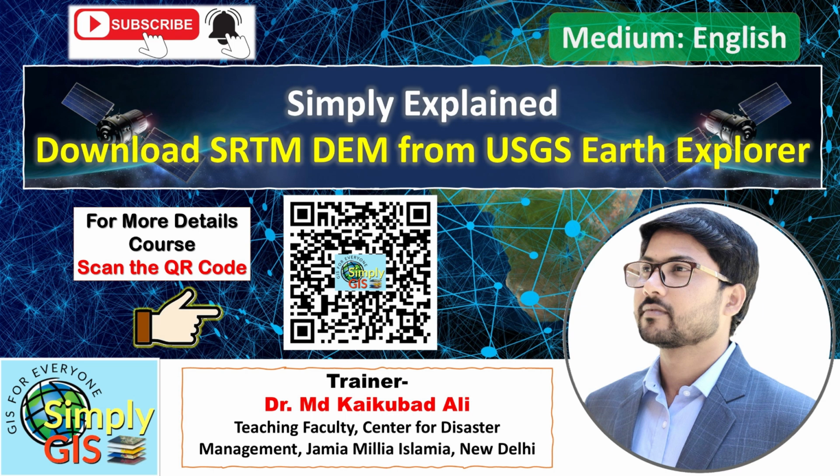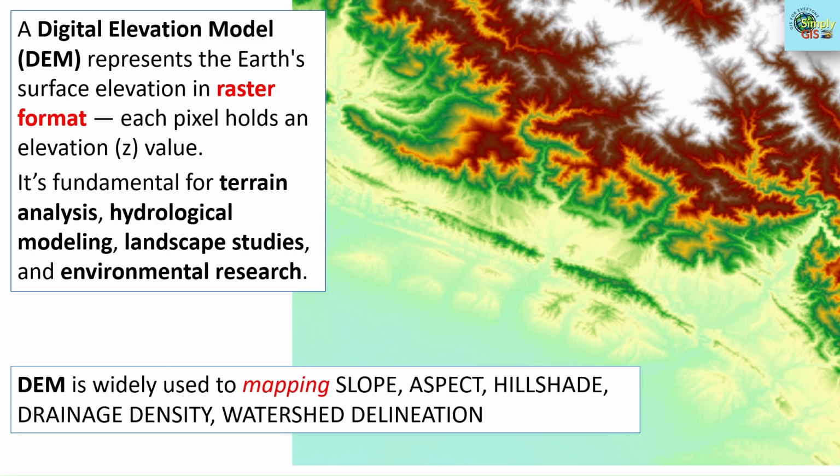In this video, I will demonstrate how to download SRTM DEM raster data from USGS Earth Explorer. You know, DEM, or Digital Elevation Model, is a type of raster data which shows the elevation profile of the Earth's surface.